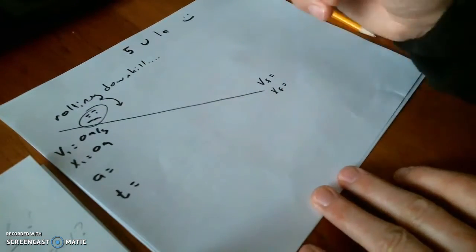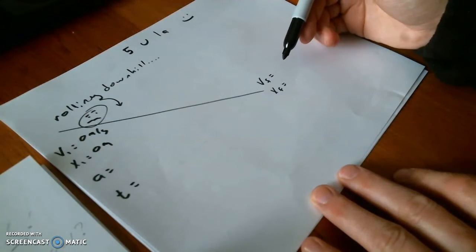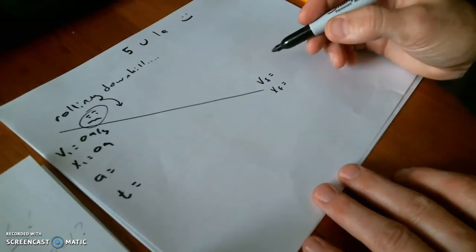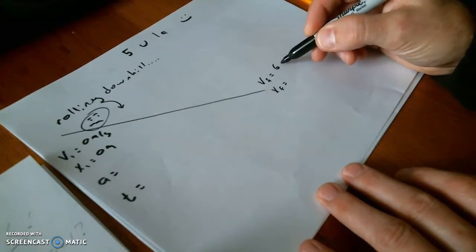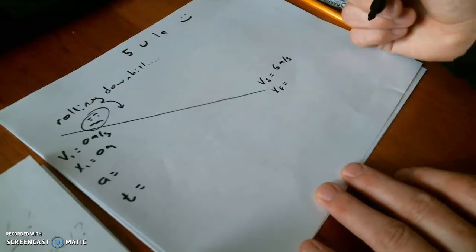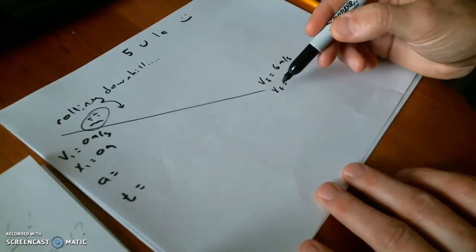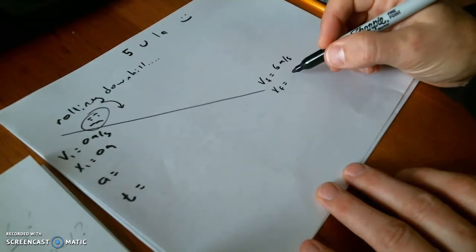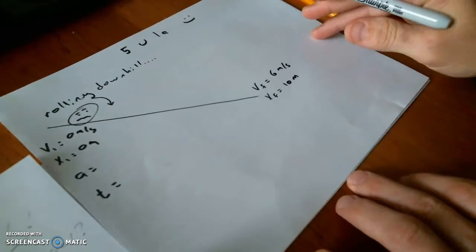What you'll notice then is as you roll downhill, there's our VF. Let's pretend we're going 6 meters per second by the time we're at the bottom of that hill. That's quite a velocity. XF, let's say it took 10 meters to get there, 30 some odd feet.